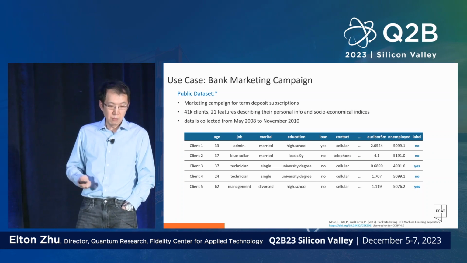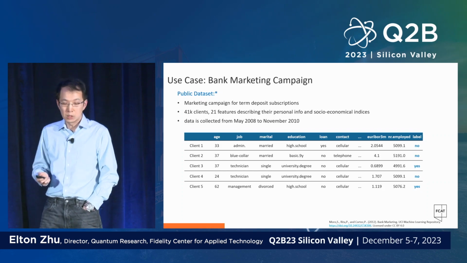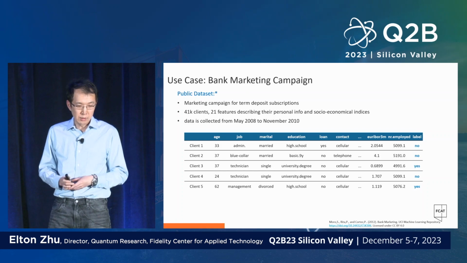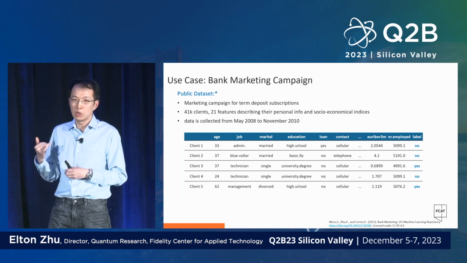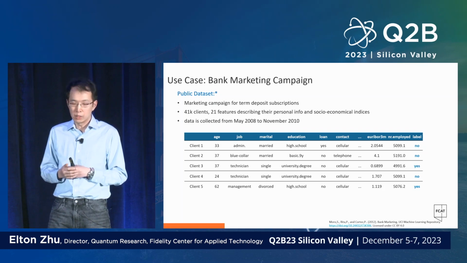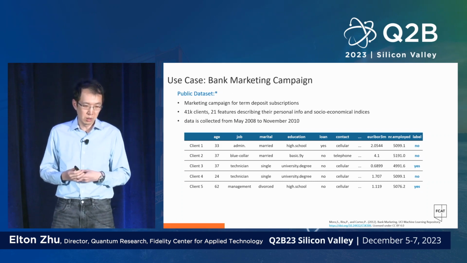This is a marketing campaign from a European bank for a term deposit subscription. What happens is that they have a marketing campaign, and they're calling their clients and trying to see whether any of them wants to sign up for their term deposit subscription.